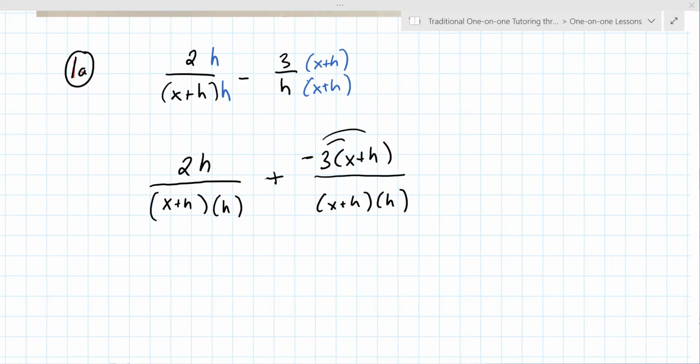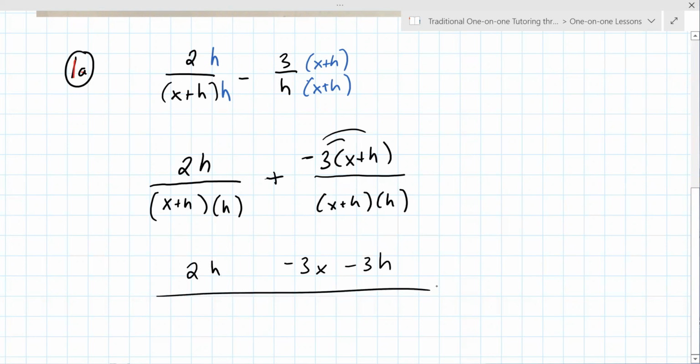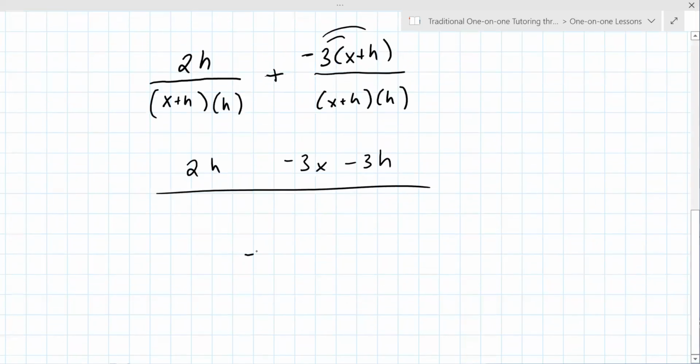So it would be -3x minus 3h, and you've got a 2h over x plus h times h. So that's -h minus 3x over x plus h times h.